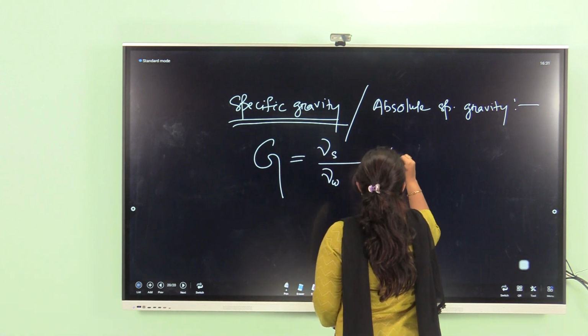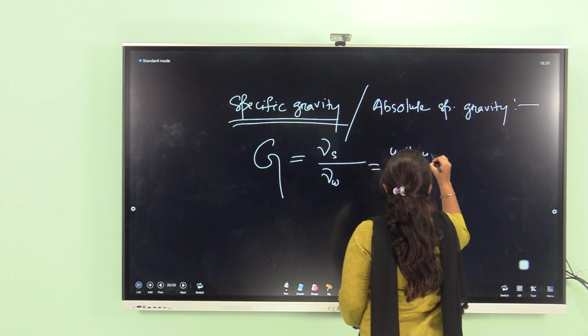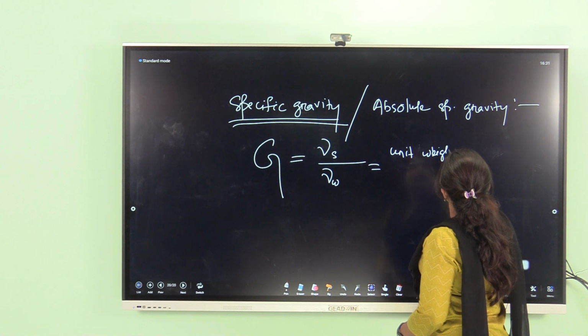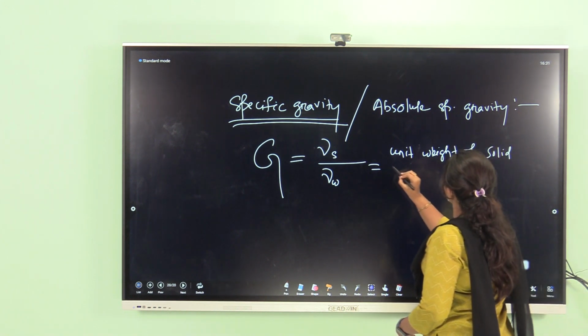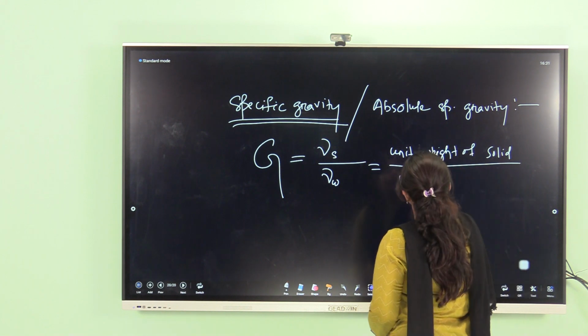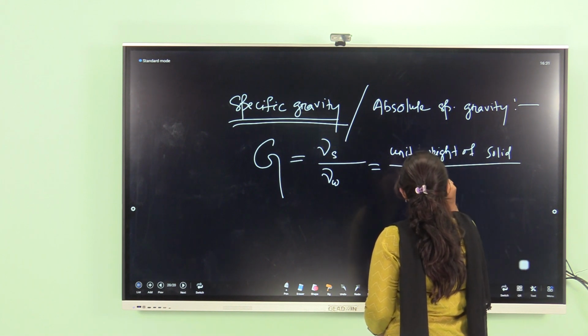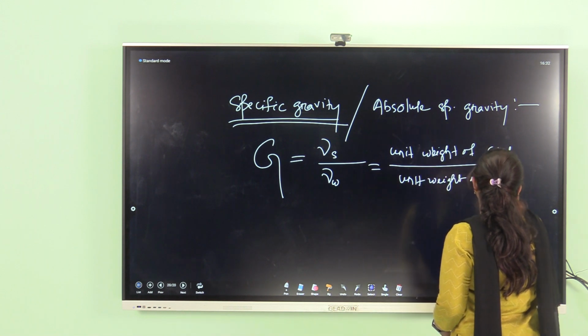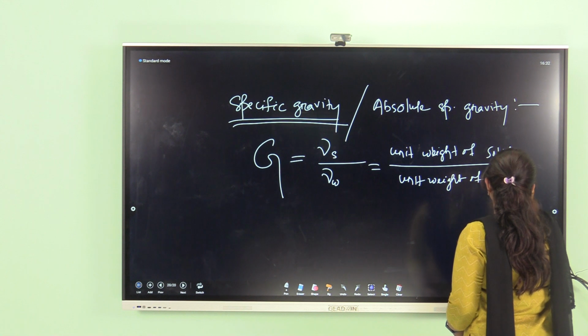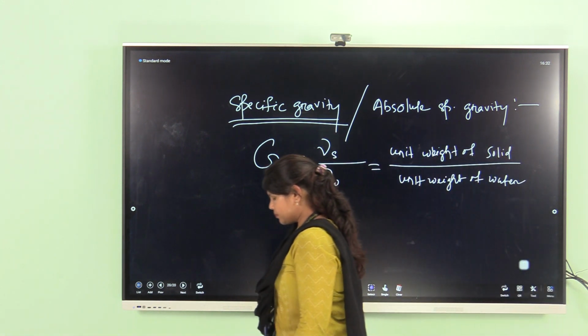Gamma s equals to unit weight of solid divided by unit weight of water. Okay.